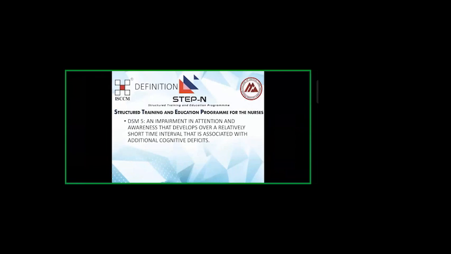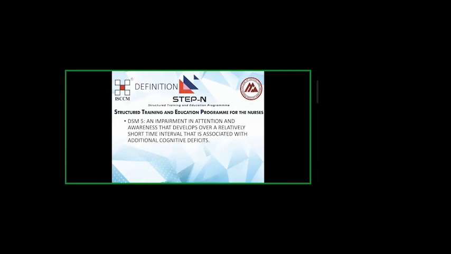So the definition talks about an acute onset of altered sensorium. When the patient reaches the hospital, in the emergency room or in the ICU, he is conscious and oriented, and this documentation should be very, very clear. And somehow during the course of the stay, the patient has an acute confusional state.